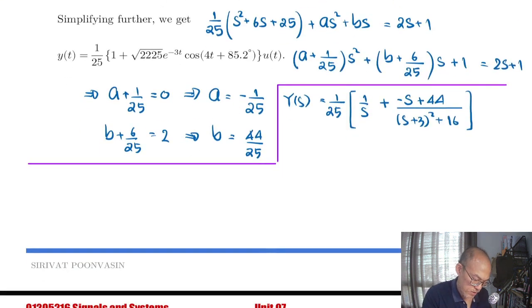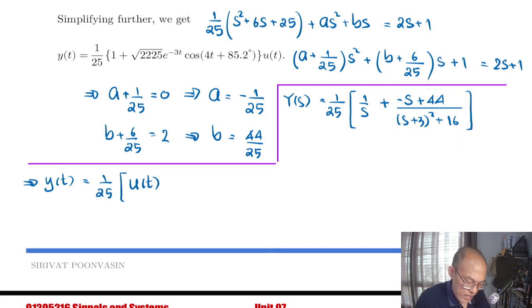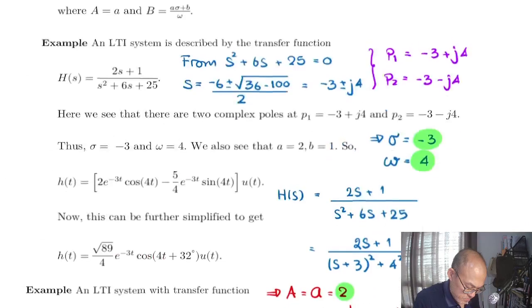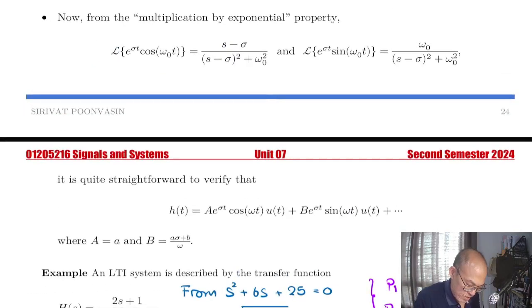So I have y(t). This guy is u(t), so it's equal to 1 over 25, and the first term is u(t). As for this one, I use this formula here, where A and B. Now I have to find A and B, right?